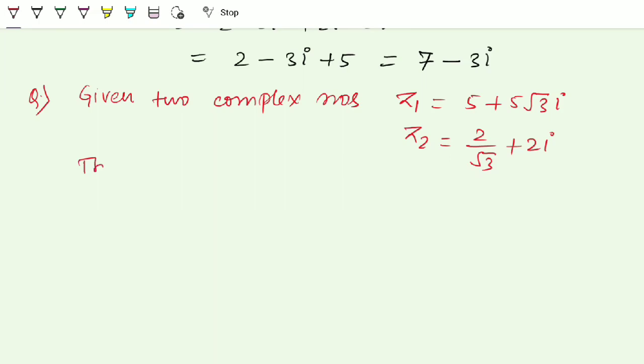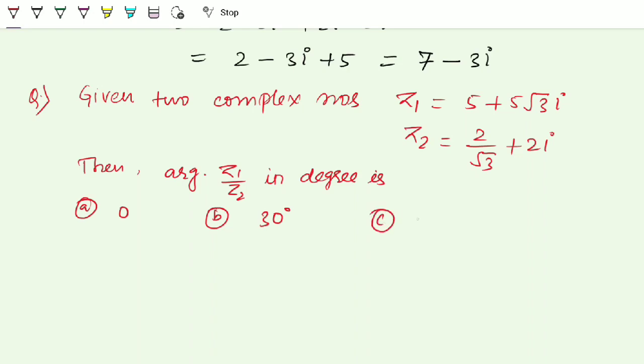Then we have to find argument of Z1 by Z2 in degree is: option A 0, B 30 degree, C is 60 degree and D is 90 degree.